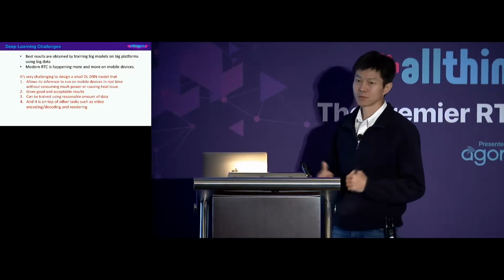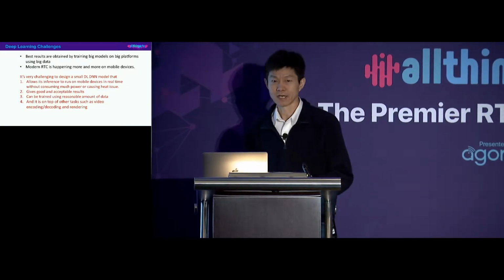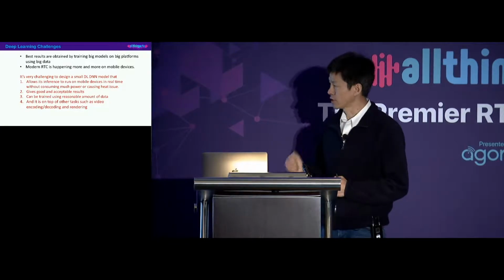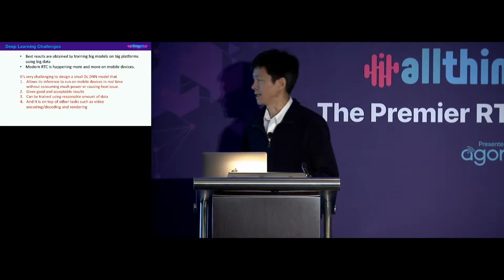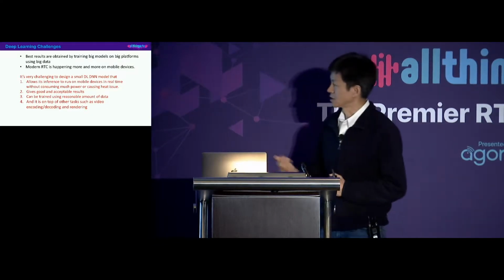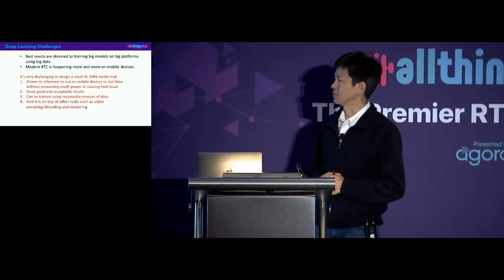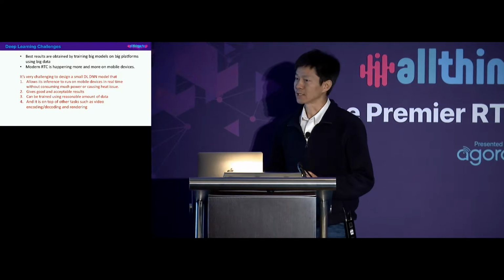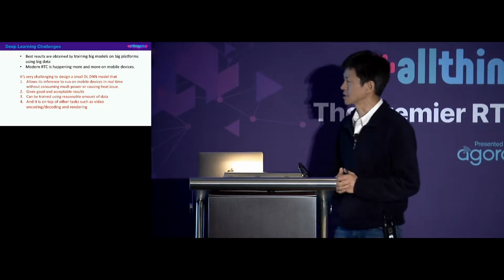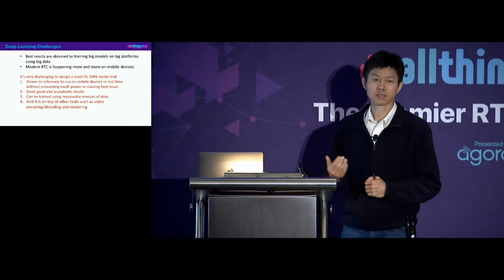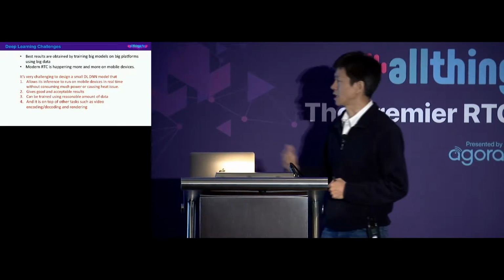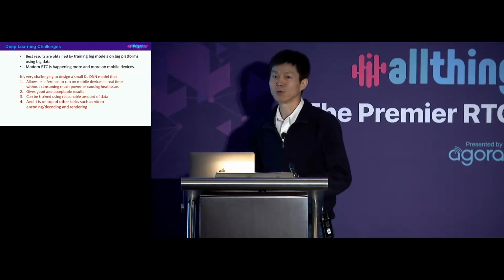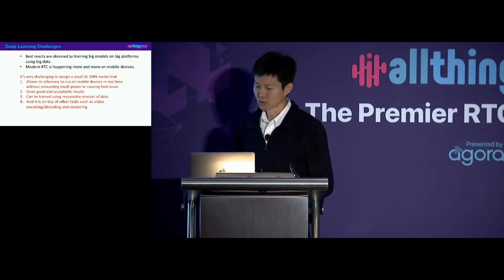Also, due to the scarcity of data, it has to be trainable using a reasonable amount of data. And last but not least, remember the additional processing has to be on top of existing tasks, such as video encoding, decoding, and video rendering, which already take a lot of computation resources on mobile devices. So it has been extremely difficult.